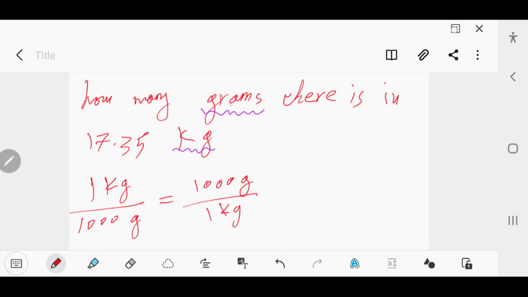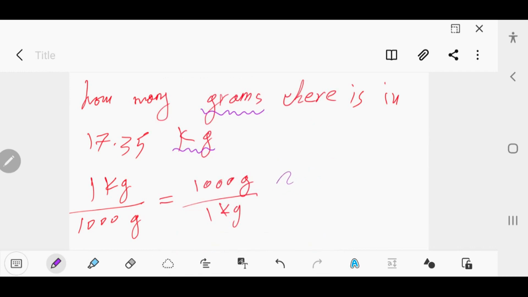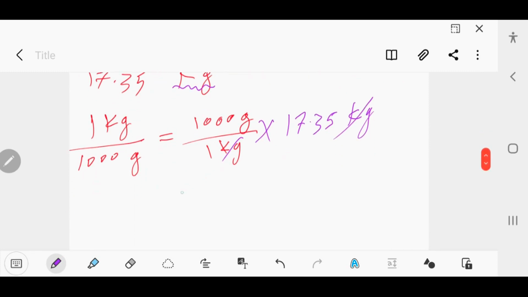The question is asking about gram, so gram must be the numerator, 1000 gram over 1 kilogram. So simply multiply this with the given number, 17.35 kilogram. Kilogram cancels with kilogram, so the answer equals 17350 gram. Because the unit that we still have in the equation is gram, the answer will be in gram.